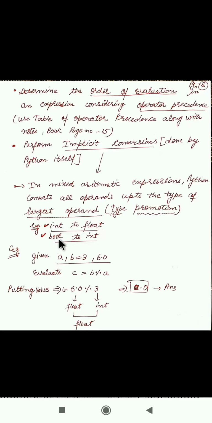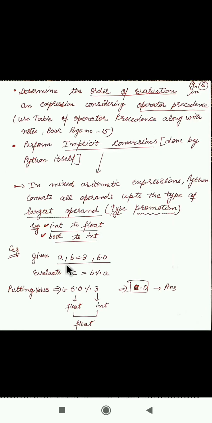In similar lines, let us take an example to make it more clear, like a, b = 3, 6.0. This is a way to assign multiple values to multiple variables at the same time. Here a will be assigned value 3 and b will be assigned value 6.0.